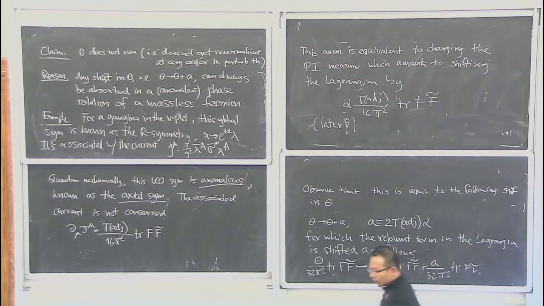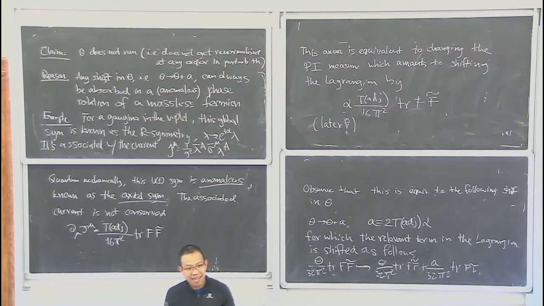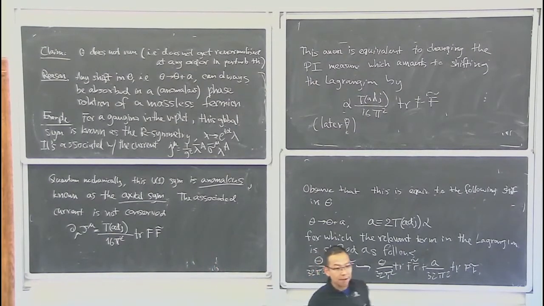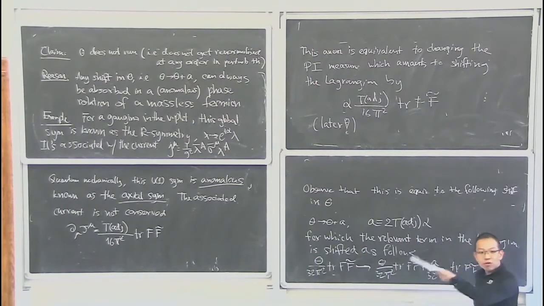Okay? Now, any question? Let's proceed to the second part. So this is the first part. You show that theta doesn't run. Now you can use this result together with holomorphy.